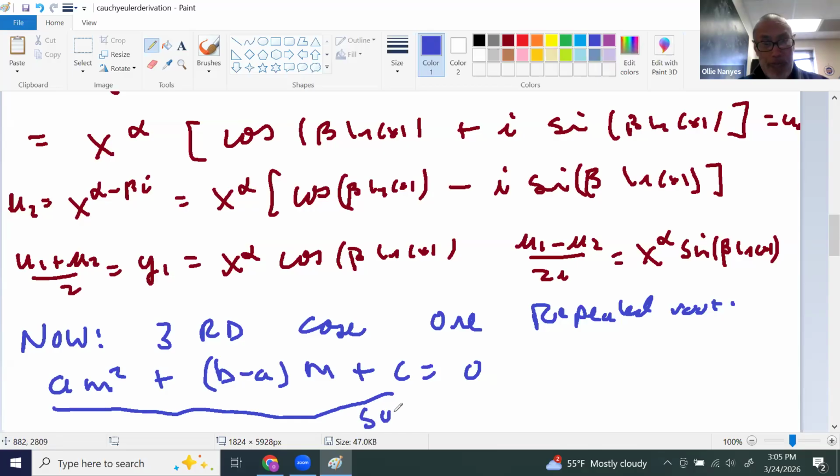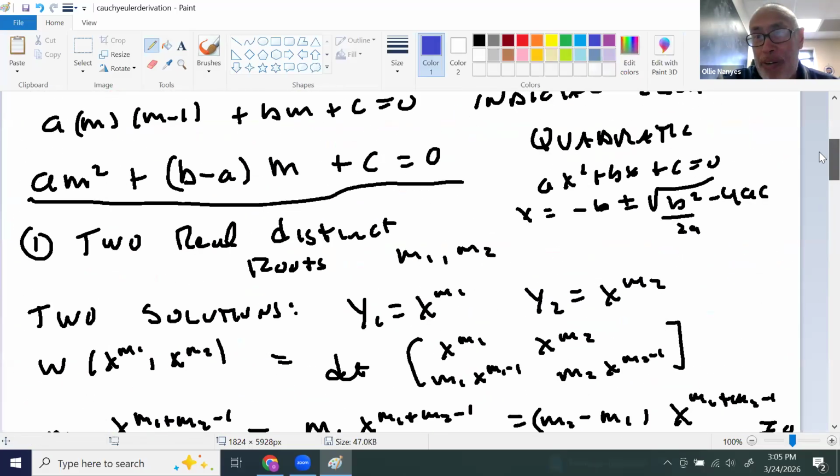That means two things. Using the quadratic formula that we have up here, and I ought to make sure that 2a is there.